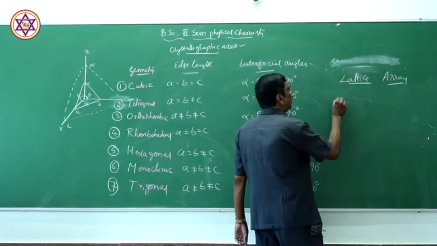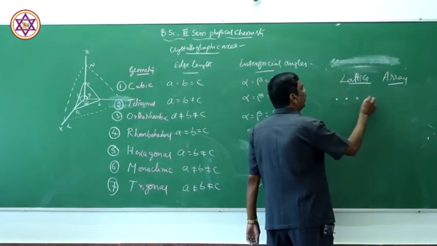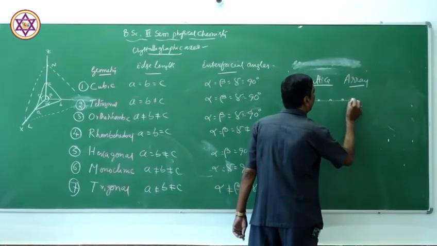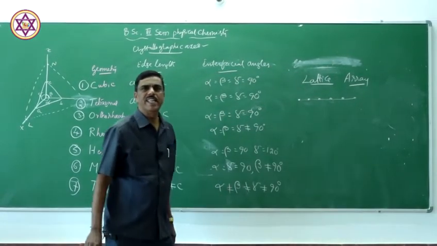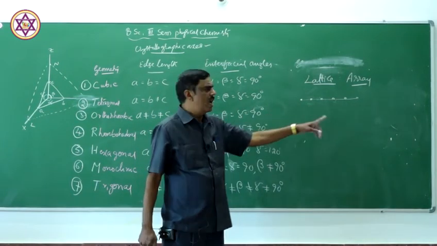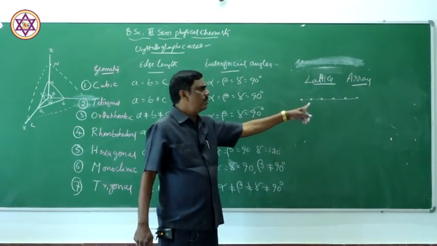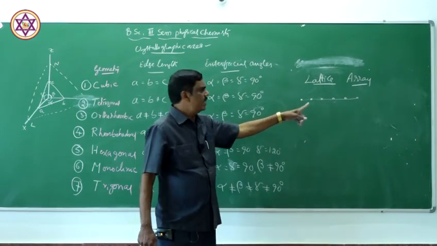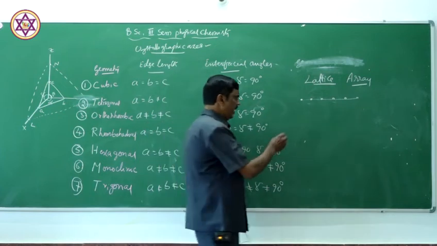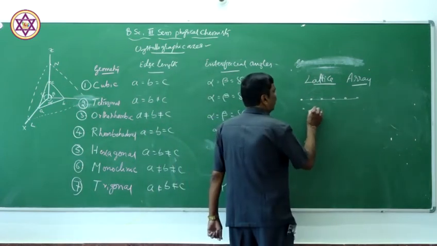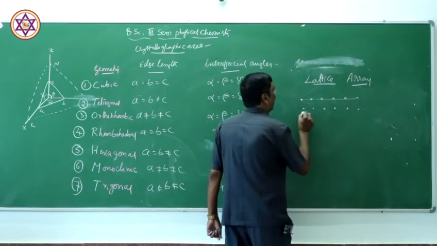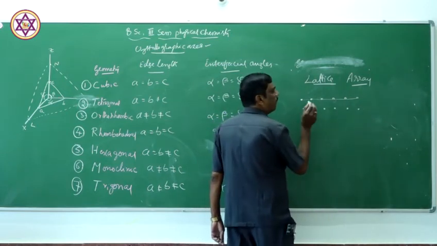For example, if you take different atoms in a straight line, this is the lattice, a linear lattice. A lattice is nothing but an arrangement or array of atoms in a molecule. It is a linear array of atoms or molecules. If you take a 2-dimensional array, planar lattice planes.